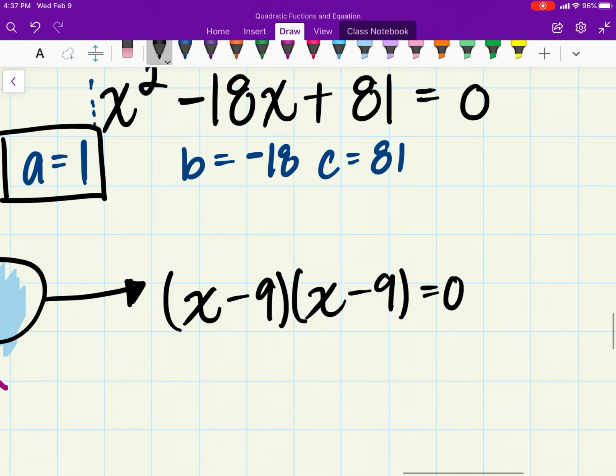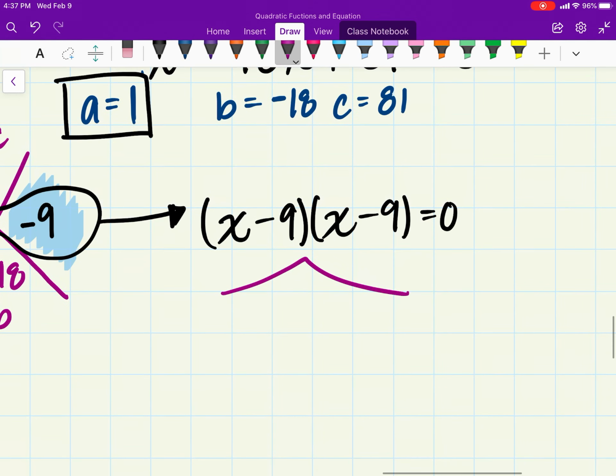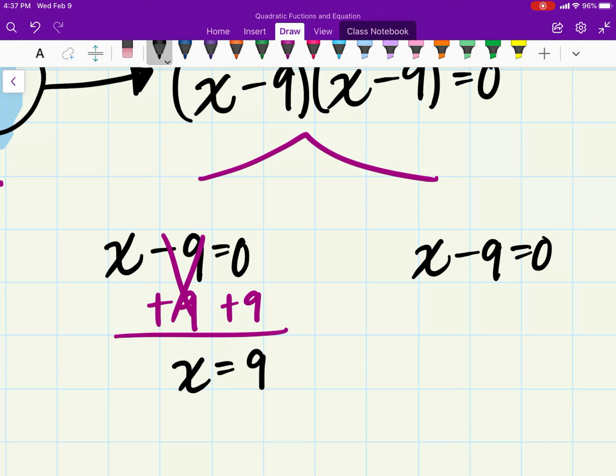Now we are going to make each of them equal to 0, so we have x minus 9 equal to 0 and x minus 9 equal to 0. On the left-hand side, I'm going to add 9 to both sides. Both of these x minus 9 have a repeated value, so we're going to get the same solution for both of them.